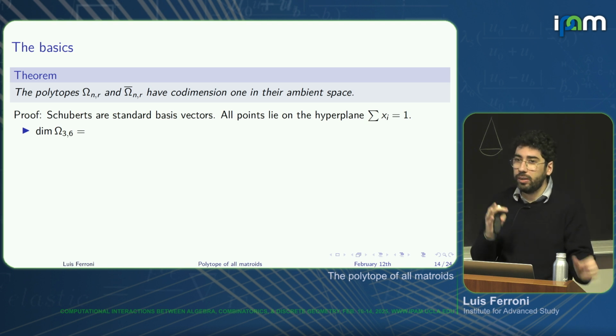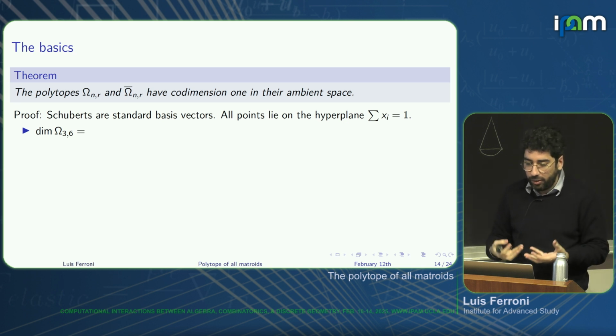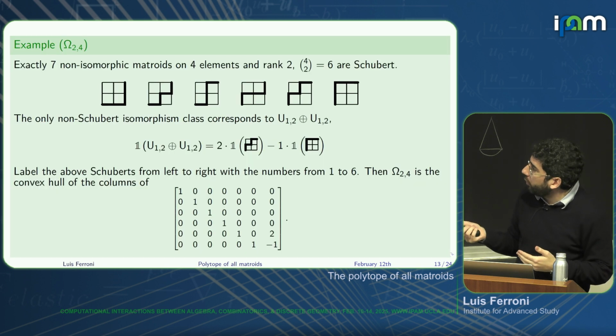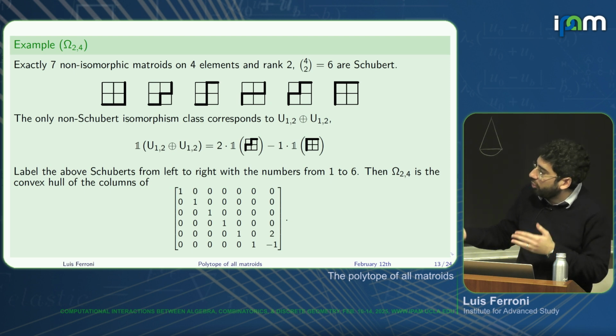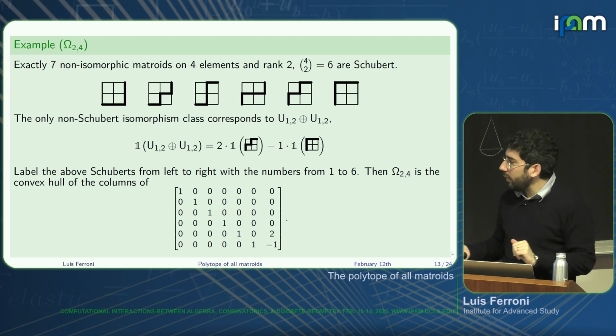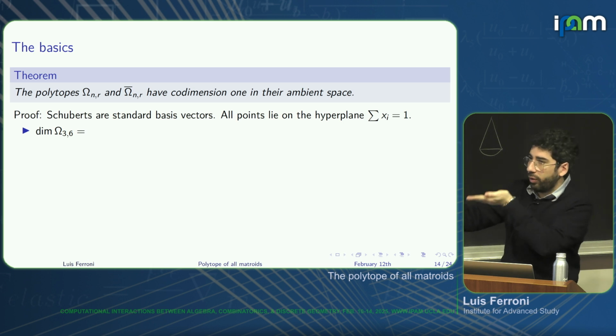That's also non-trivial, even though it's very simple. That requires a topological reasoning on matroid subdivisions. If you use these two things, you conclude that for any matroid, taking the Schubert decomposition, the sum of coefficients is always 1. So in particular, all the points in these polytopes live on a hyperplane, sum of coordinates equal to 1.